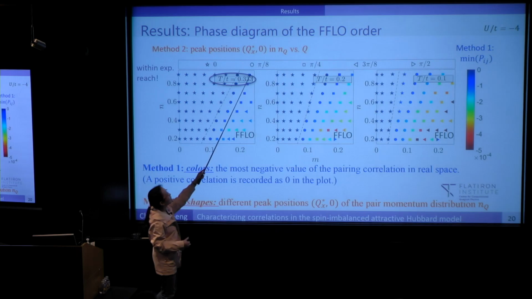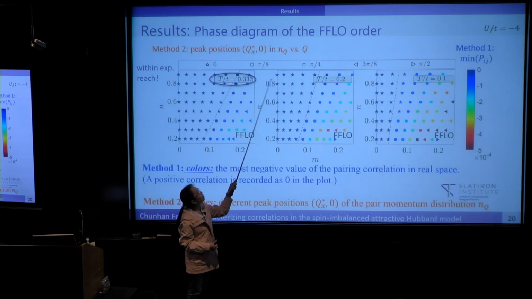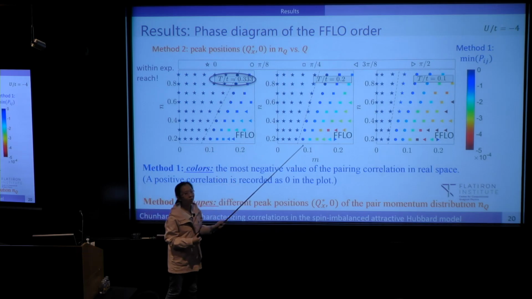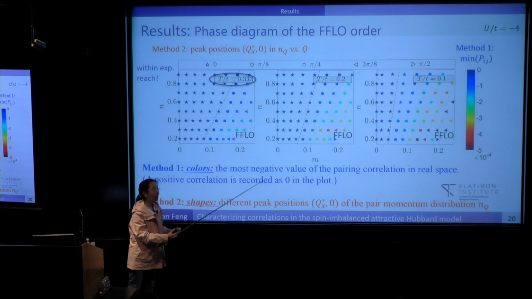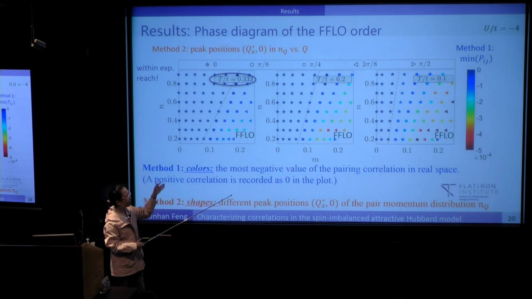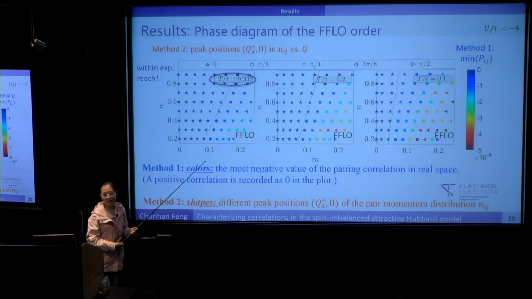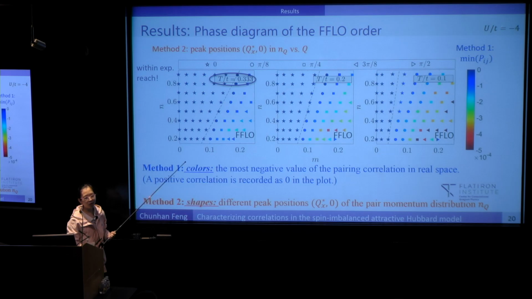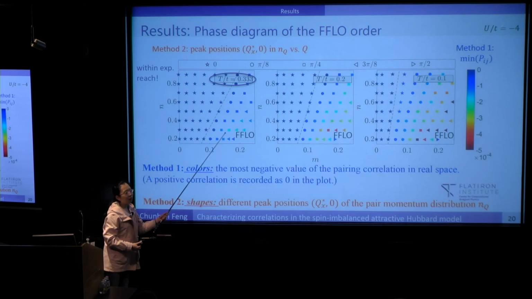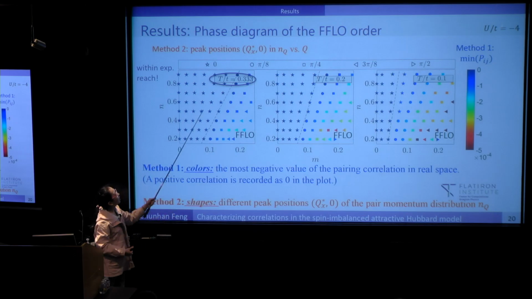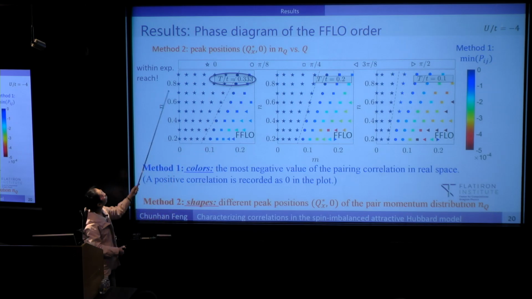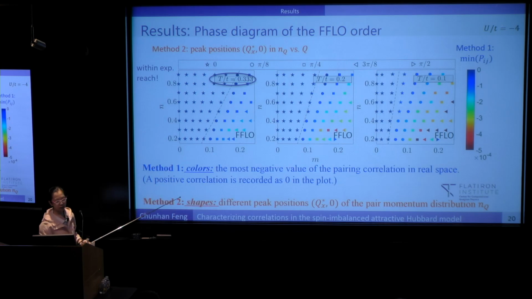And if it is at some finite momentum represented by the other symbols here, that means there is FFLO order. Basically, the results given by these two methods are consistent with each other. The dashed lines here are just a guide to the eyes. And interestingly, or unexpectedly, we can also see the signature of FFLO at a pretty high temperature, T equal to 0.33, and it's already within the experimental reach.